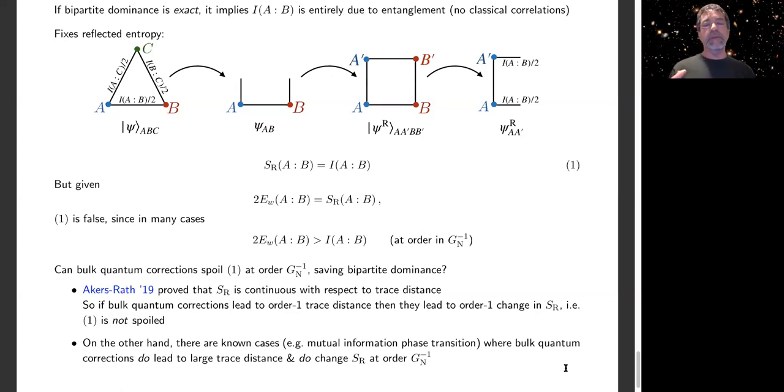Okay, so that's at least one case where small quantum corrections do seem to amplify and lead to a much larger effect on the reflected entropy than you would expect. Whether that's happening here, I don't know. So I'm not saying that this shows in any way that bipartite dominance is correct, but I think it's very interesting.